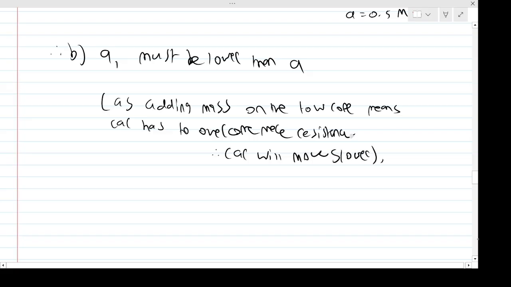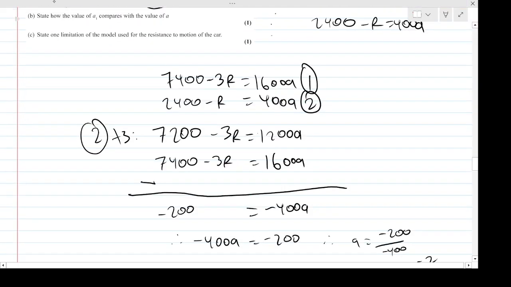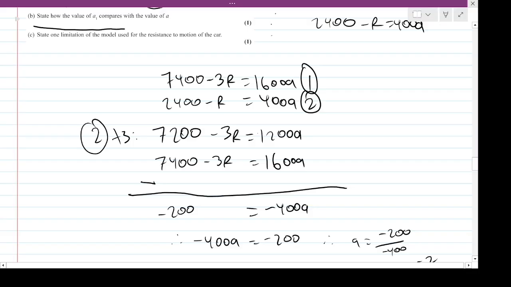And so there we are. But you just needed to say that because the question only said state how it compares. So is it lower, is it greater, or is it even equal to each other? Well, it's lower.